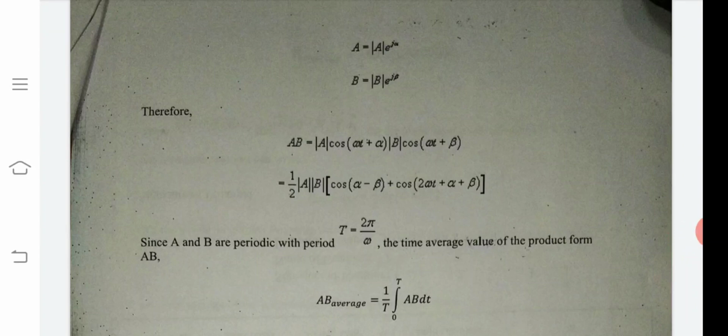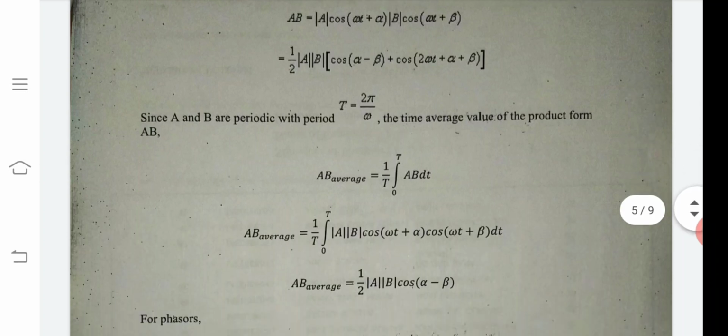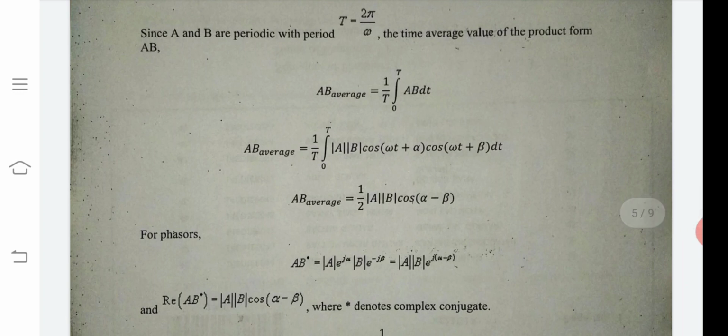When A and B are periodic, with T = 2π/ω, the time average of the product is ⟨AB⟩ = (1/T) ∫₀ᵀ AB dt, and ⟨AB⟩ = (1/T) ∫₀ᵀ |A||B| cos(ωt + α) cos(ωt + β) dt. So ⟨AB⟩ = ½|A||B| cos(α − β).